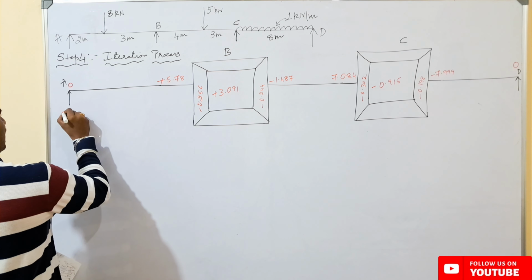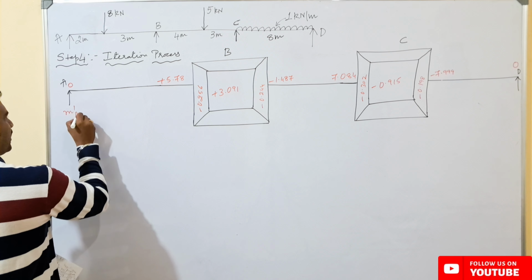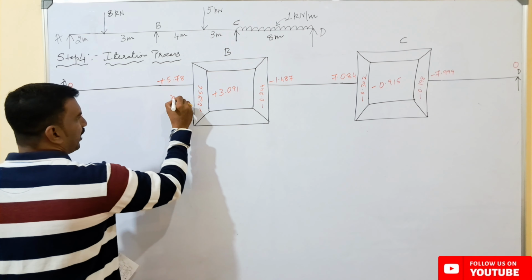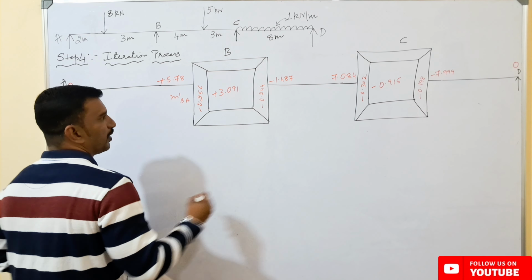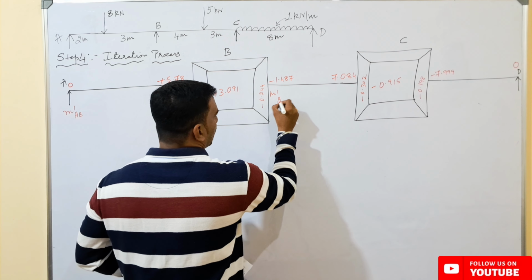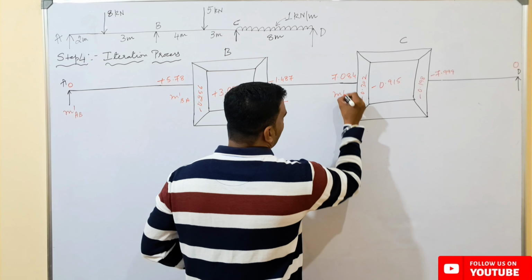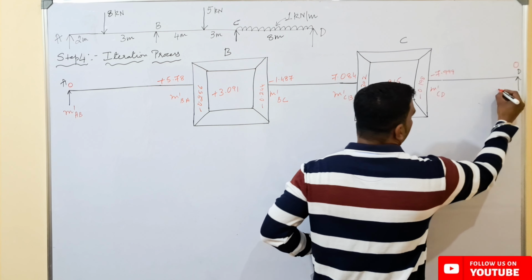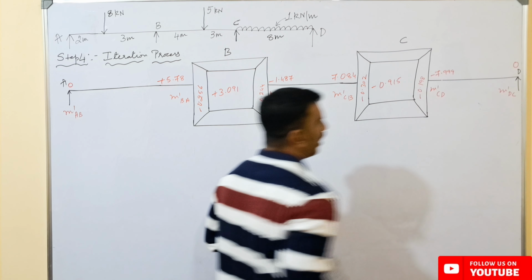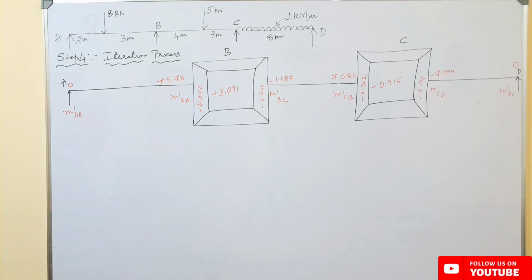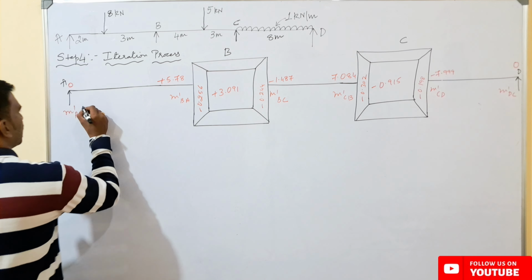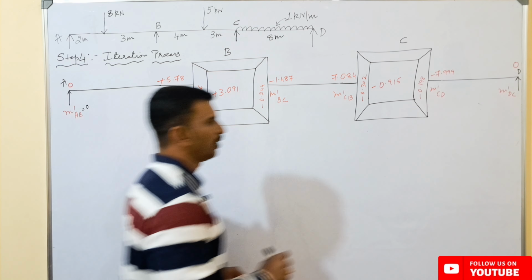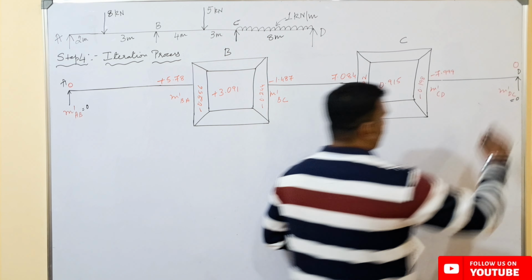So if I want to calculate the rotation contribution, which is represented by M dash AB, and here it will be M dash BA, here will be M dash BC, M dash CB, here it is M dash CD and M dash DC. And already, as I have told, the rotation contributions for the end supports will be equal to 0 over here, since we are calculating only for the intermediate supports.